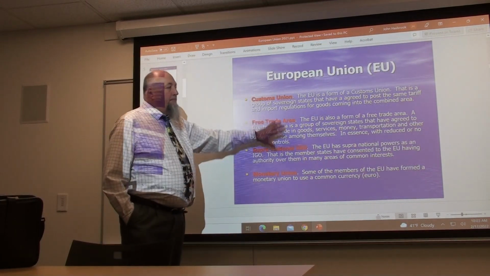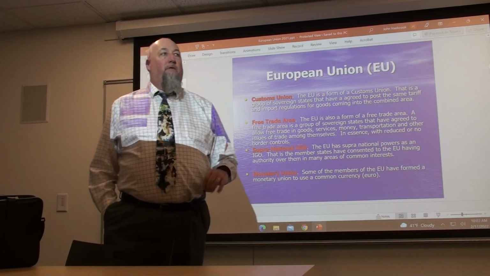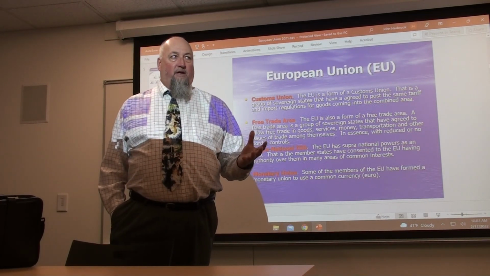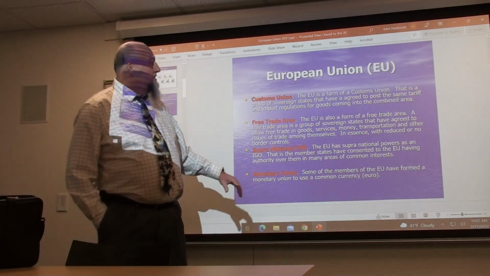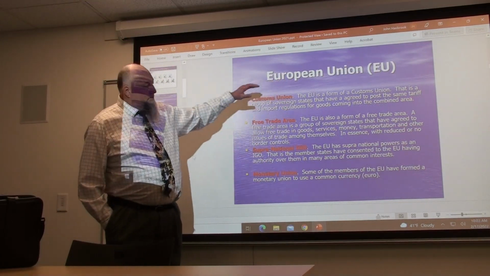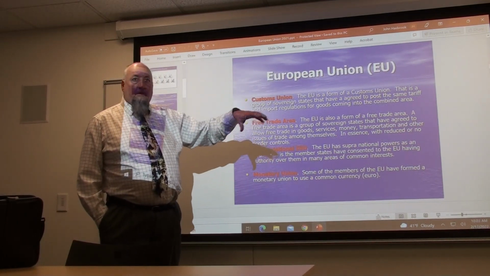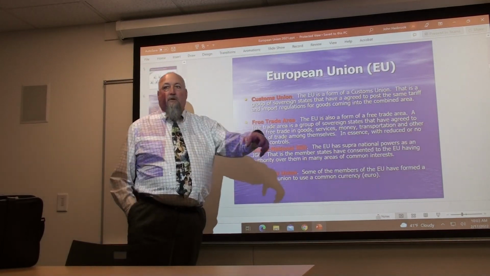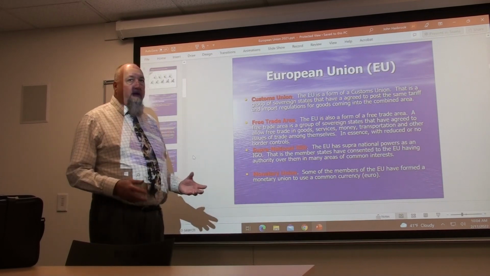So there are 4 main components of the EU as an IGO that I want you to be aware of. This is like a multiple choice type question I have. What are the 4 fundamental components? Customs union, that is common law, the same law for bringing in goods. Free trade, once the goods are in, or domestically, goods can be moved around the area freely.